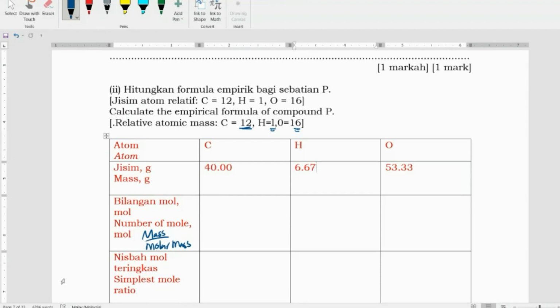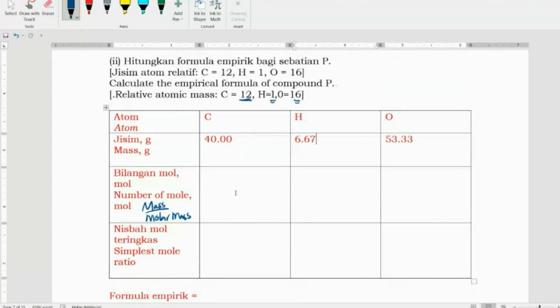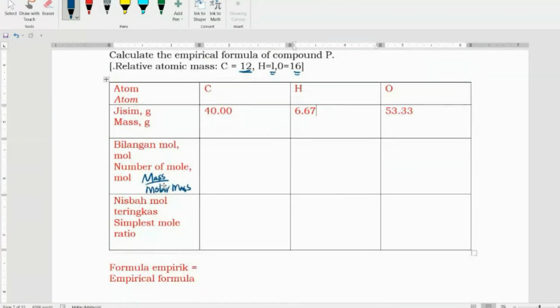You want to see the question? This one still no need the equation. Mass over molar mass.